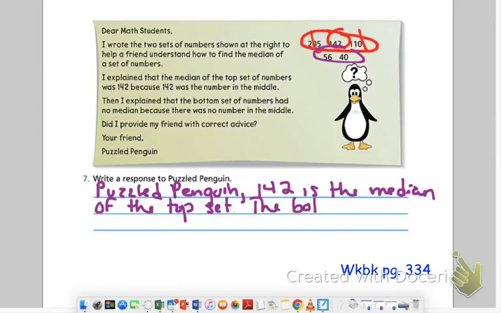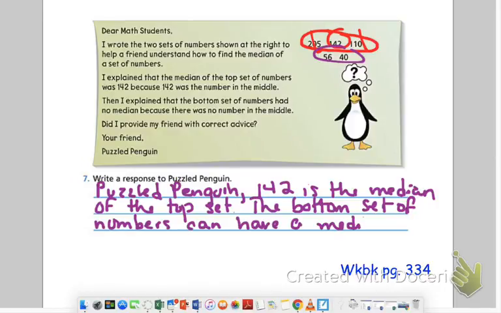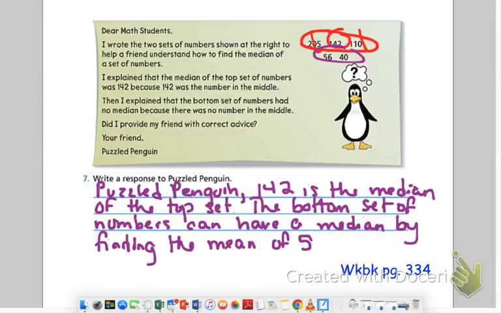The bottom set of numbers can have a median by finding the mean of 56 and 40.